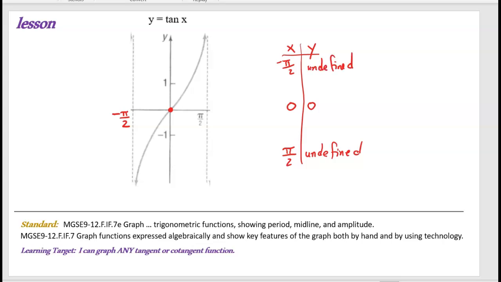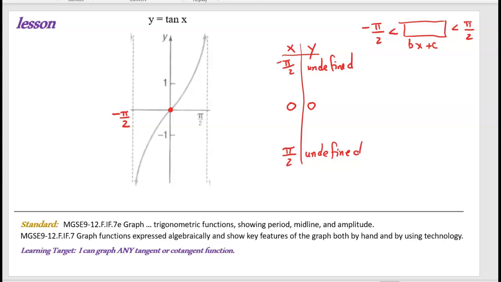The nice thing about tangent is it's nice and clean. You're going to start every function between negative pi over 2, all right, here's your argument, bx plus c, and pi over 2. Now you notice I don't say less than or equal to where I did with sine or cosine.